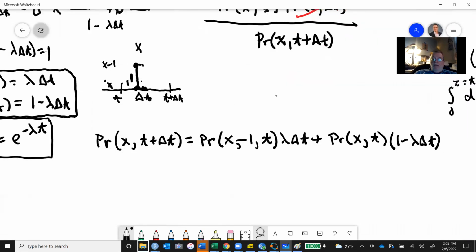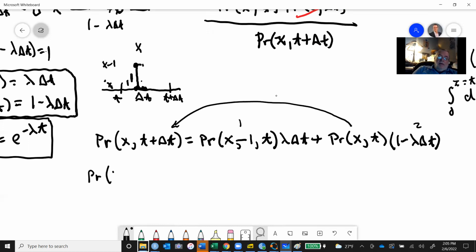Well, what can we do with this? We could rearrange this, and you can see that we can take this term and bring it over here. Then we will have this term and this term over on the right-hand side. Let's do that. We have the probability of x at t plus delta t minus the probability of x at t.